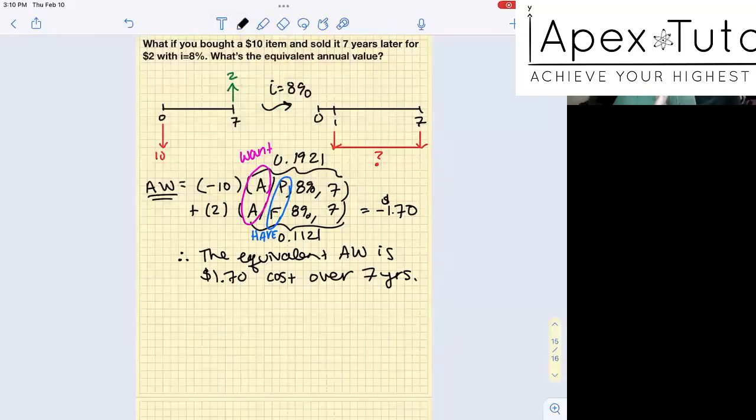So -10 is our P and 2 is our F. Yes. And we're changing them both to A. So first is want A given initial, and the second one is want A given final.